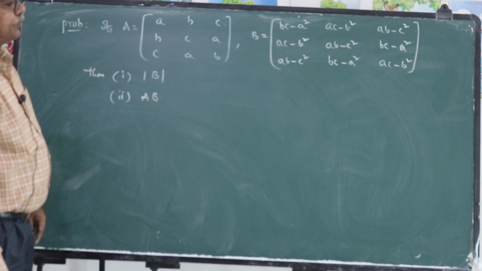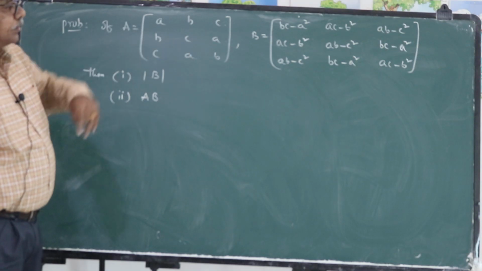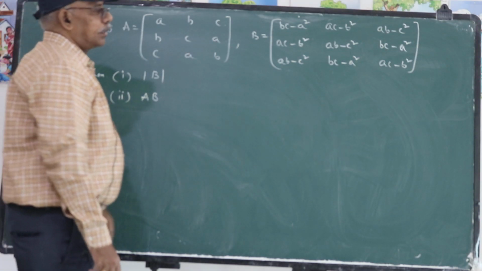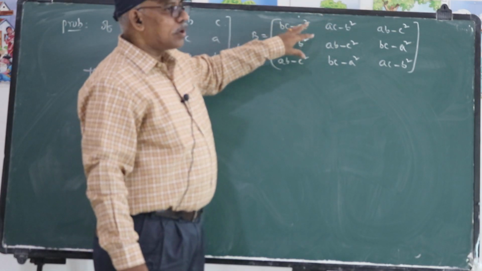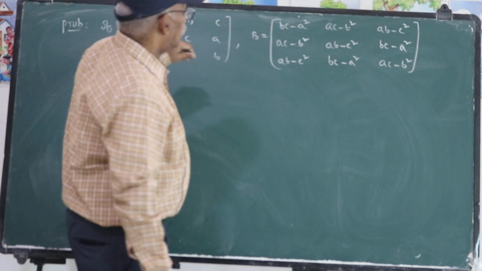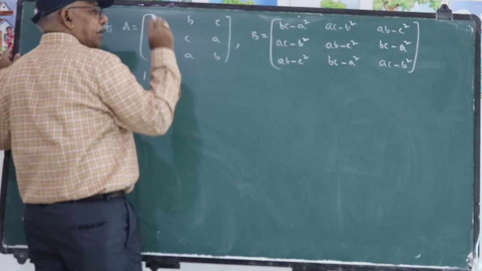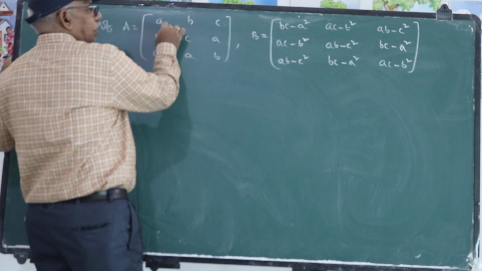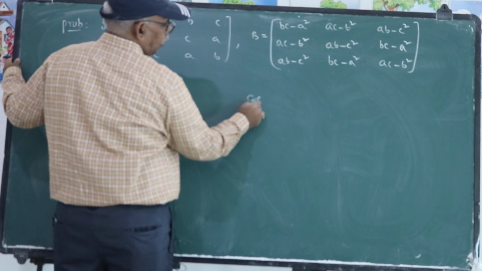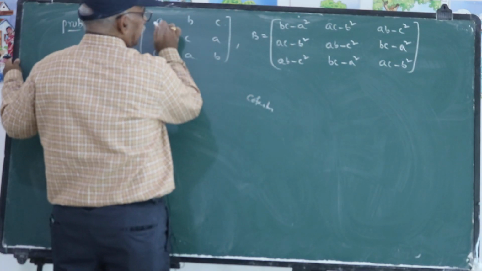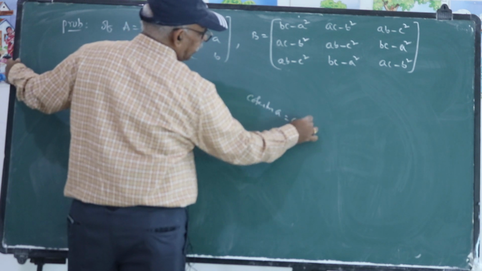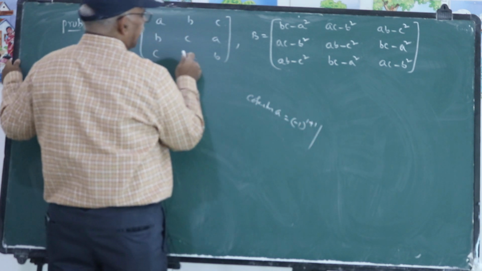Now coming to the matrix B. Clearly, these are all the cofactors of the elements. For example, the cofactor of the element in the 1, 1 position, A, is minus 1 whole power 1 plus 1 multiplied by the minor.